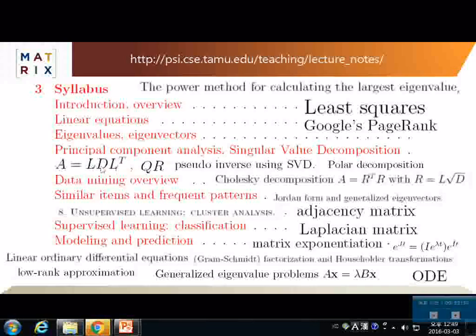This is a special type of LU factorization. And the properties of eigenvalues and eigenvectors are used to factorize a matrix as a product of a unitary matrix and an upper triangular matrix. That's called the QR factorization.